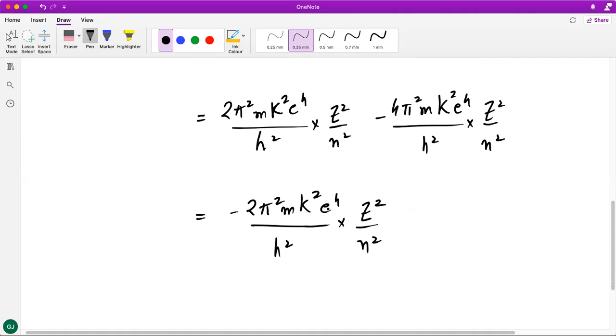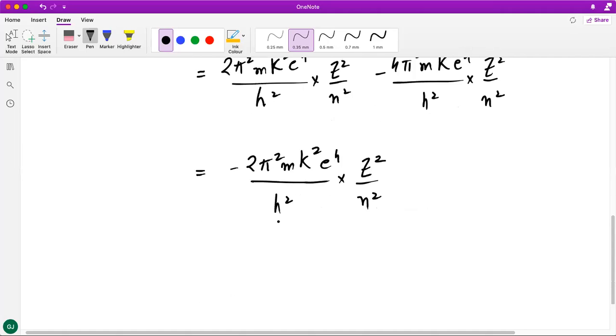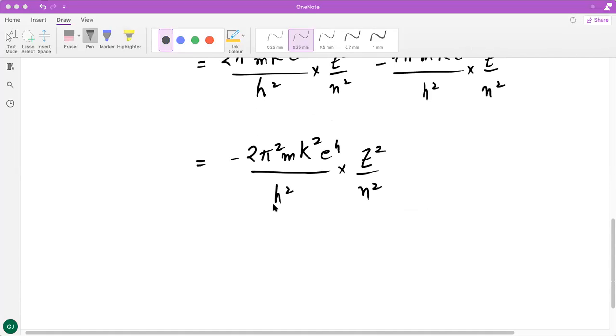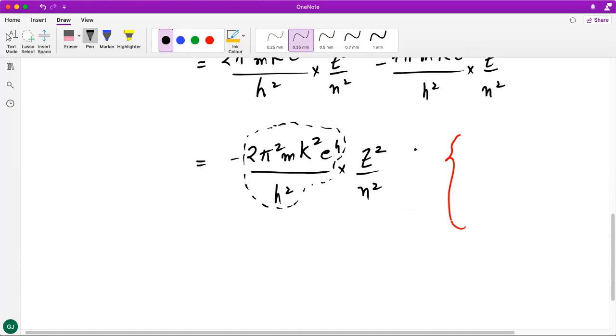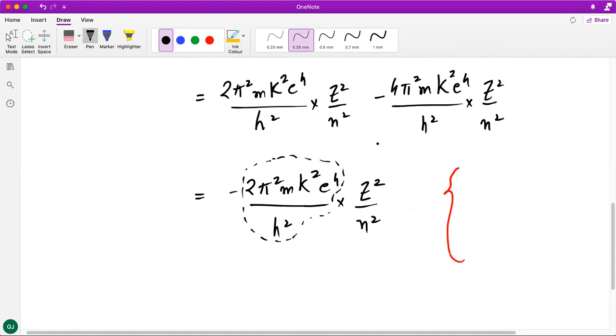Now, this is something which brings me to a very important result. Before I move on and substitute these constants' values like I did in the previous cases, I would want to notice the similarity over here.